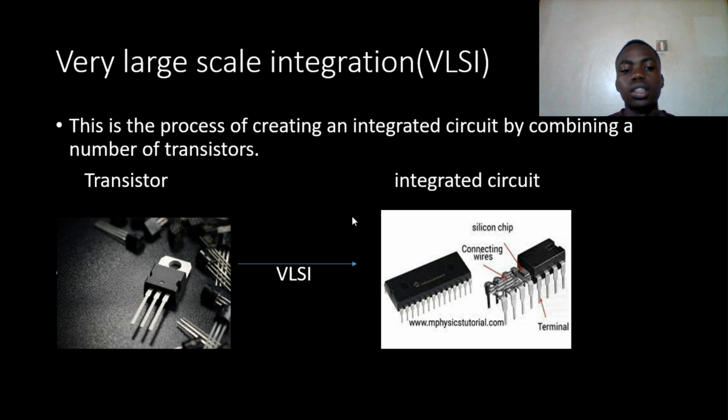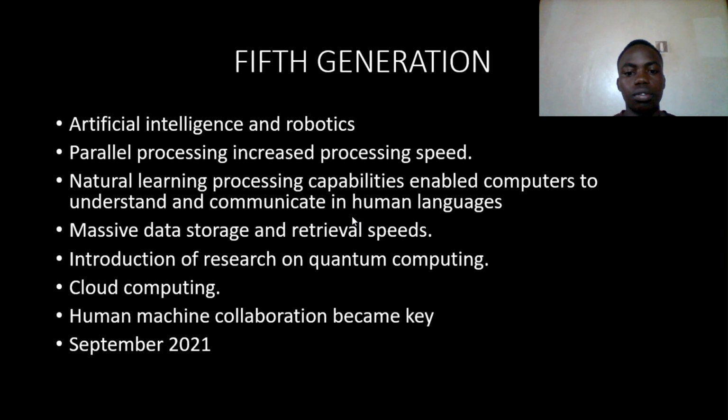To go forward, we can look at the fifth generation, whereby we see artificial intelligence coming up, and robotics. Artificial intelligence is intelligence which is artificial, just as you hear it, giving machines human-like capabilities. We look at natural learning processes, where machines can be taught and can learn how to speak like human beings.